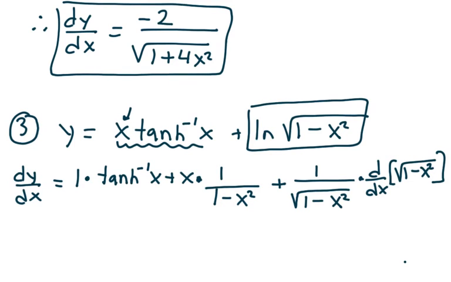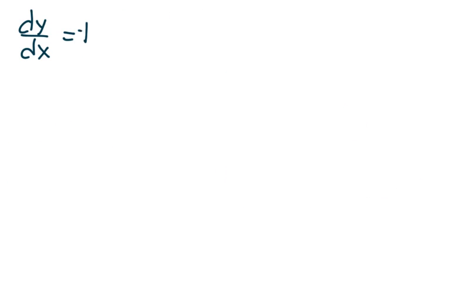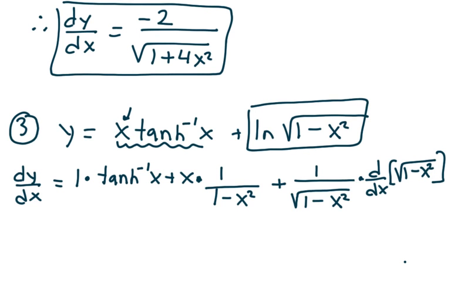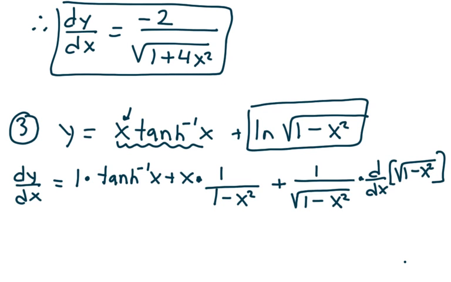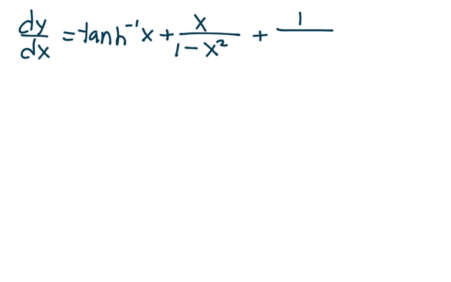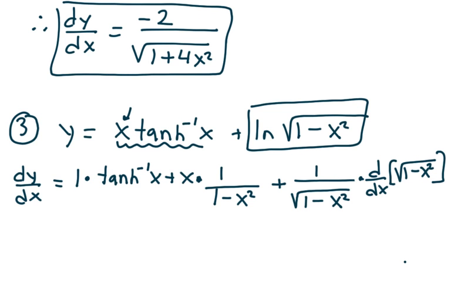So if we go to the next page, we get dy/dx is inverse hyperbolic tangent of x plus x over 1 minus x squared, plus I'm going to take 1 over the square root of 1 minus x squared, but I'm going to multiply by the derivative of that square root function.